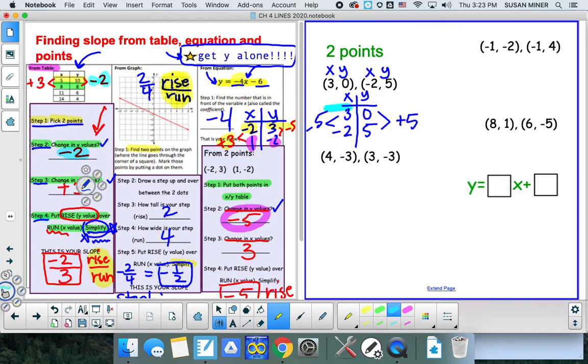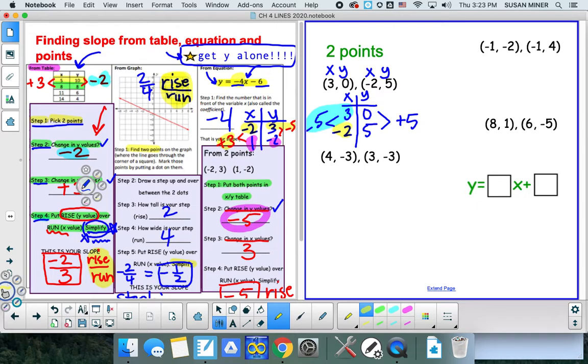If you're unsure here, maybe you didn't get the same thing that I got. 3 minus 5 should give me -2 over here. So that is the way that I check to make sure that I've got the correct change in my y values. Because sometimes it can be hard to think your way through going from a positive to a negative number, how many that is. So you can use your calculator to help you check that.